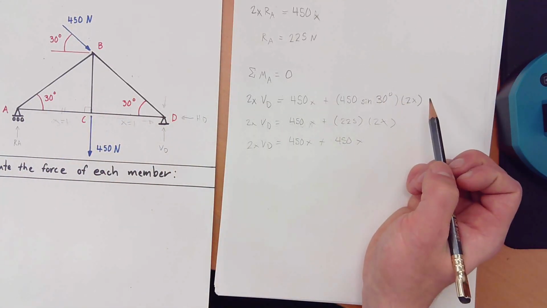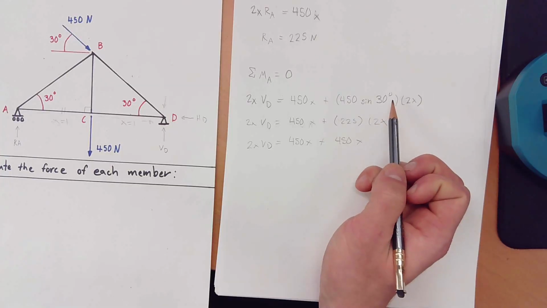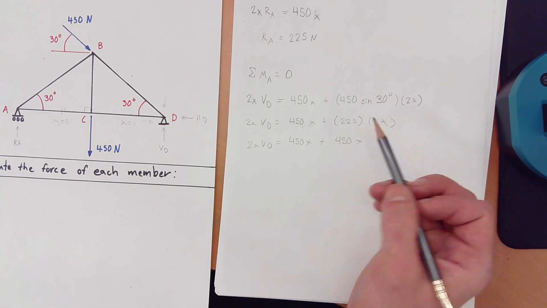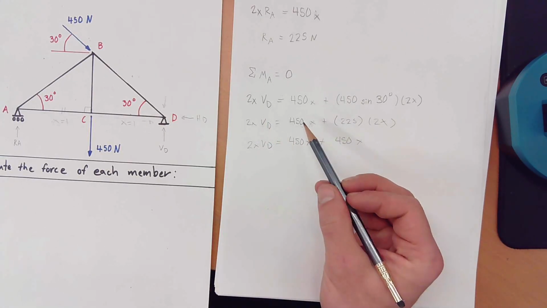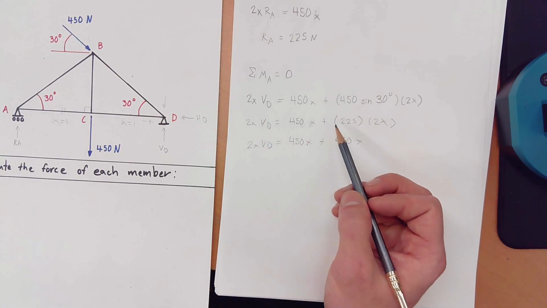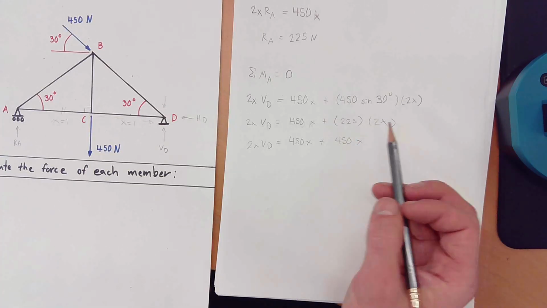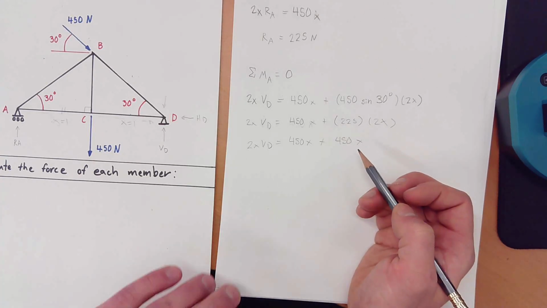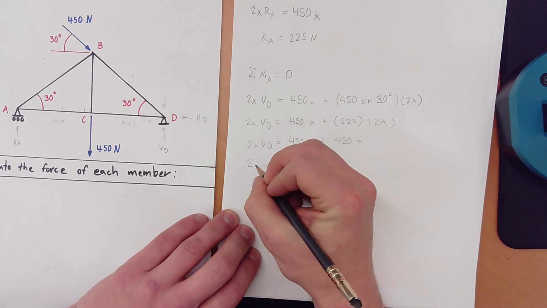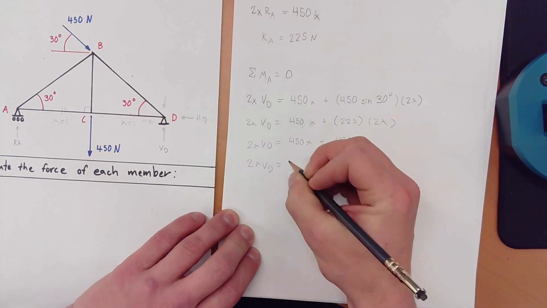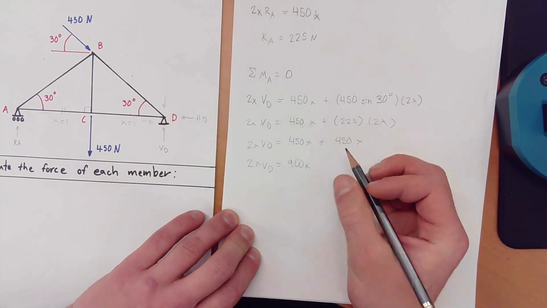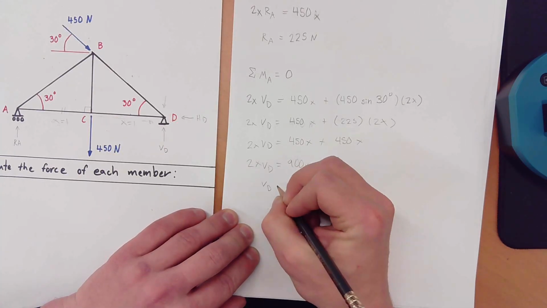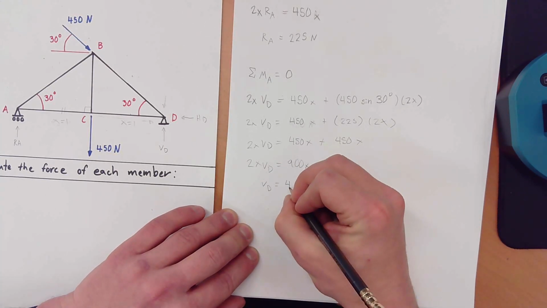If we boil this down, 450 sine of 30 degrees equals 225. So now we have 2x VD is equal to 450x plus 225 times 2x. Simplify it again: 2x VD is equal to 450x plus 450x, which is 900x. If we divide both sides, we get VD is equal to 450x.